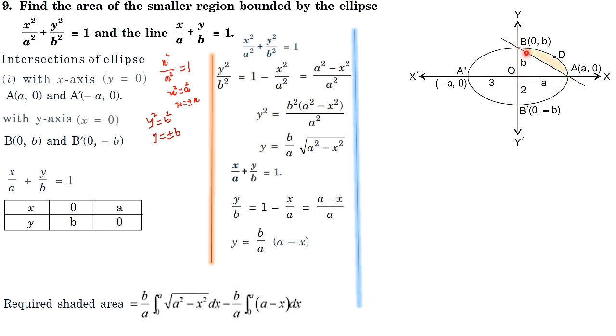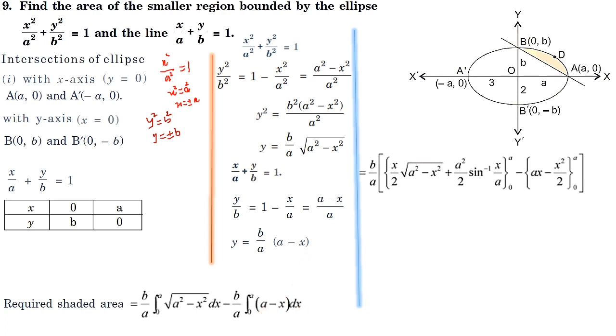Triangular portion means area below the line, with limits from 0 to a. Because the point is 0,b, the x value is 0, up to a,0, so 0 to a. Y dx for the line: the equation is y equal to b by a into a minus x. So b by a we have taken outside, integral 0 to a of a minus x dx.